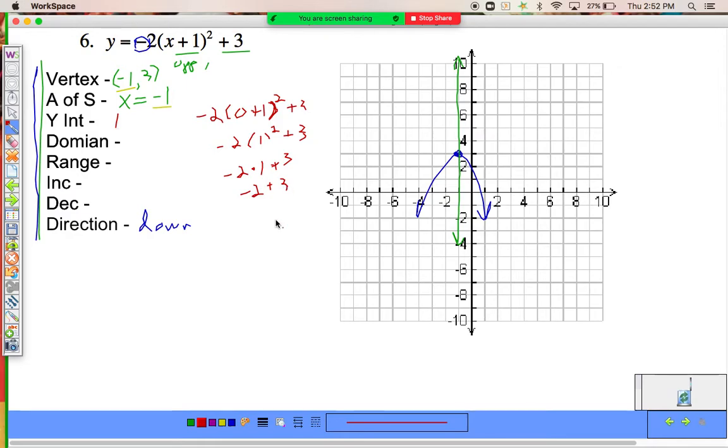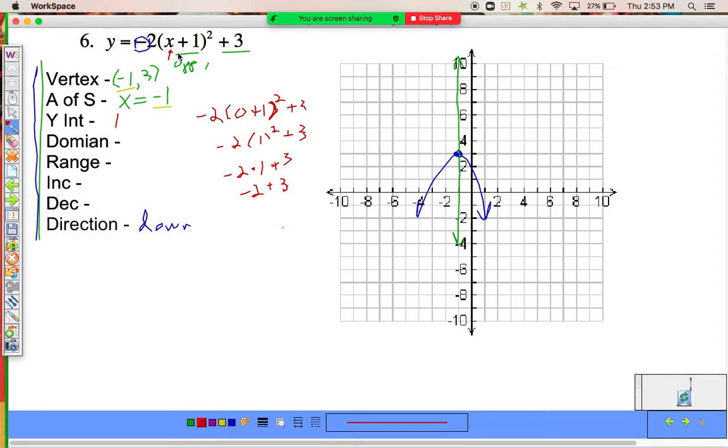My pen doesn't like to write for some reason, so that's why it's uglier than normal. All right, so I'm going to plug a 0 into this function, and I'm going to evaluate. I get a positive 1. And my graph's not completely off, but it's not really even close.